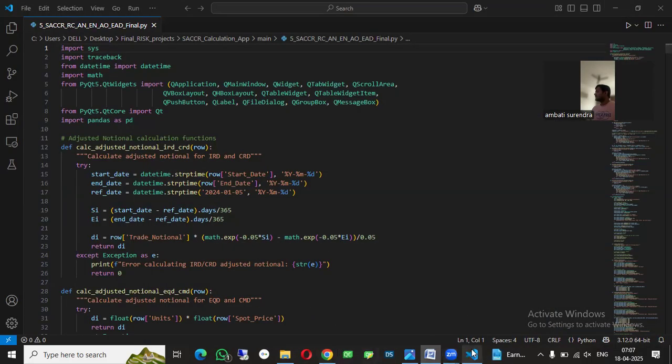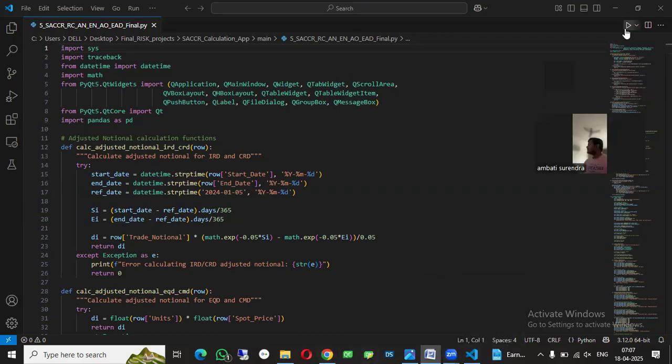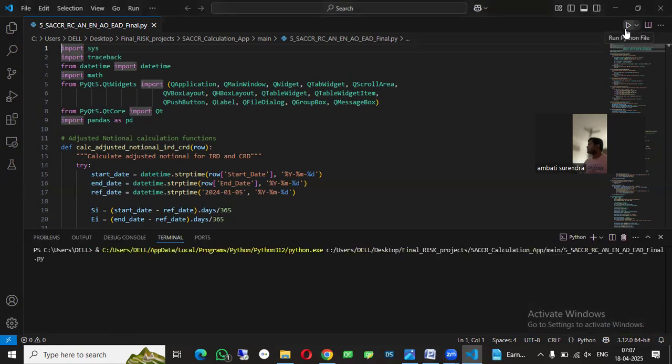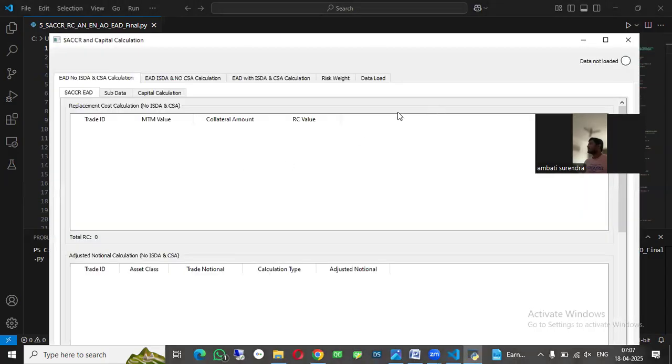Let's get started. This is the code I have written. I developed it in PyQt. It's running. So in the meanwhile, let's see what the definition of SACCR is and what it says.